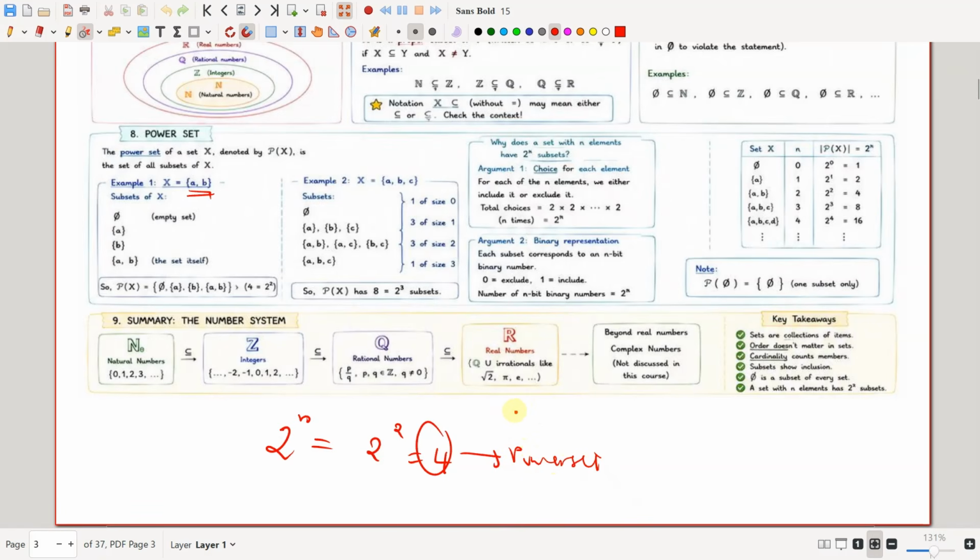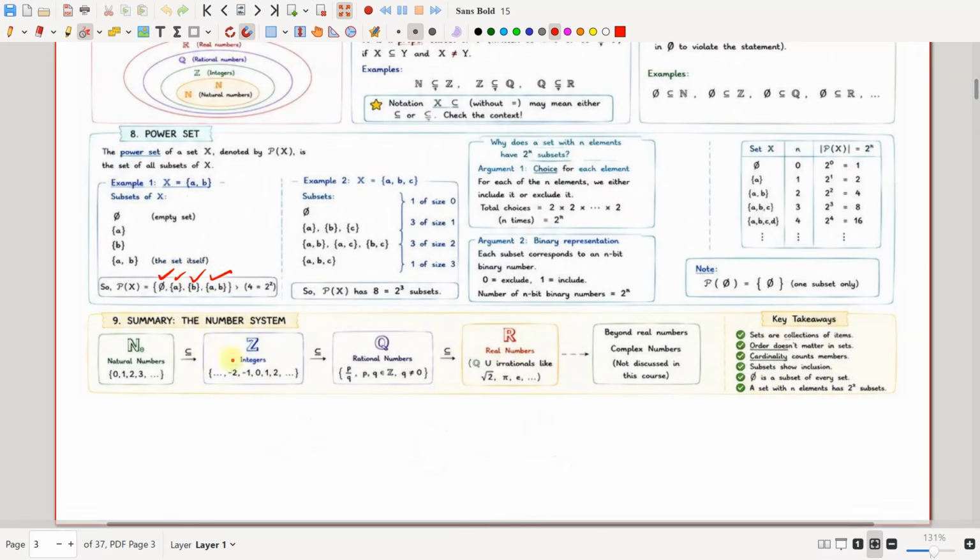See here, 1, 2, 3, 4. So this is true. 2 power n is used to find the number of elements in the power set, the cardinality of the power set.